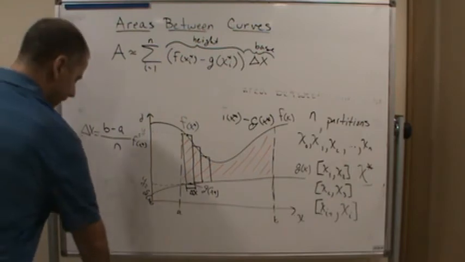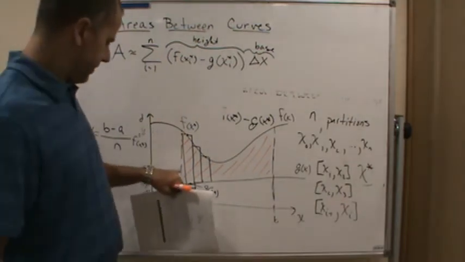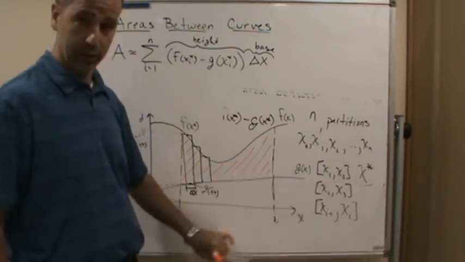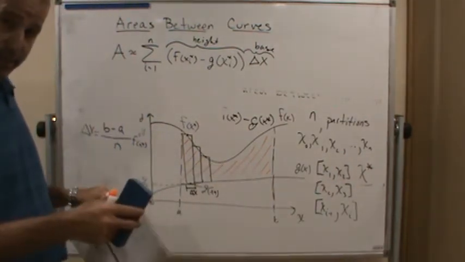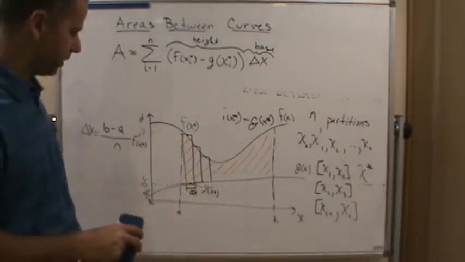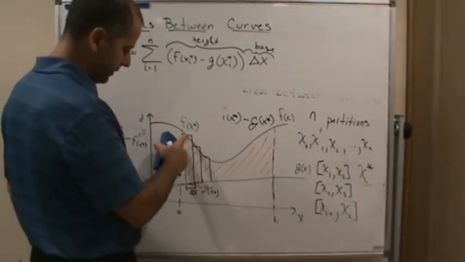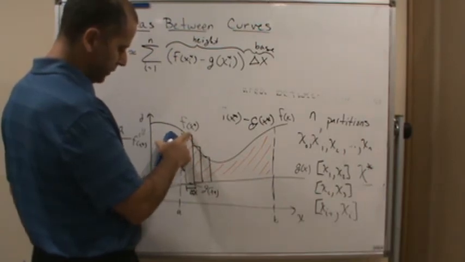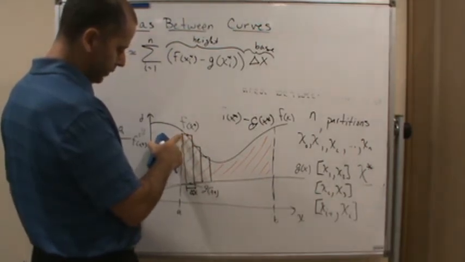Now here's the thing. This is an approximation. If I take more and more rectangles, my estimate is going to get more and more accurate, because the smaller the rectangles, the less of an error I'm going to have. See how part of my rectangle is above and part is below the curve?